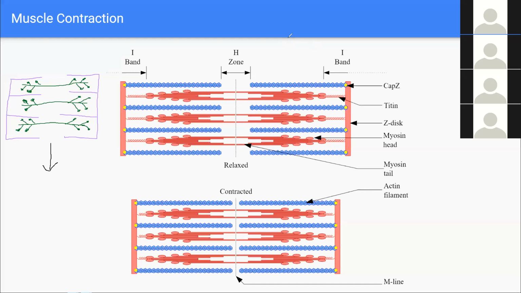Okay, so I'm gonna try to draw this middle phase for you, okay? And because my art skills are slow, I'm gonna shrink my picture, okay? So what I want you to do now in your notes is I want you to draw the myosin heads attaching to the actin filaments.